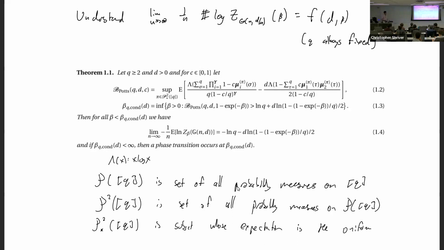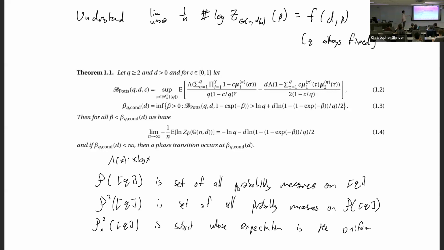But that's some optimization problem. And the theorem is about the condensation threshold in this Potts model. Now we're fixing D and looking at condensation in beta. It is the smallest beta so that this optimization is bigger than the annealed free energy.